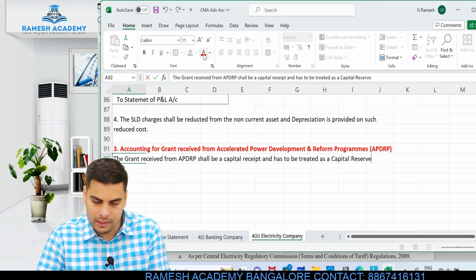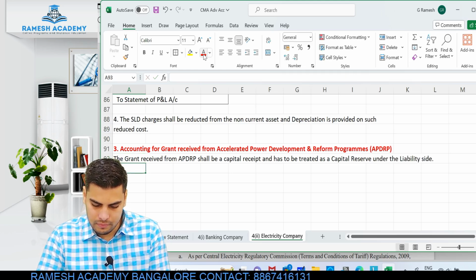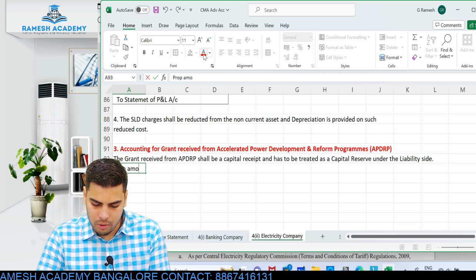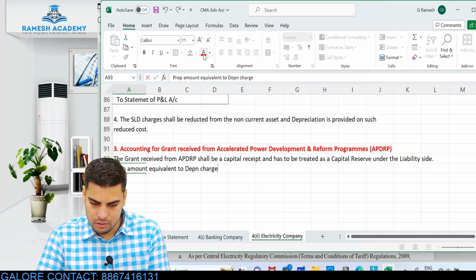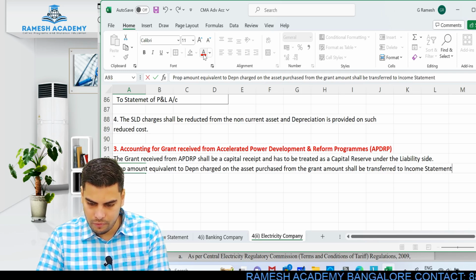So this will be treated as a capital reserve under the liability side. A proportionate amount equivalent to the depreciation charged on the asset from the grant amount shall be transferred to the income statement, that is the statement of profit and loss account.